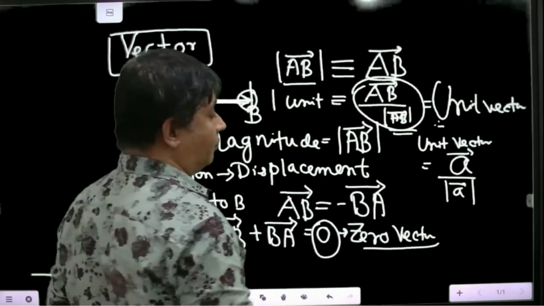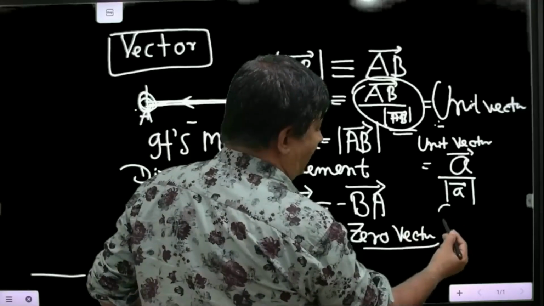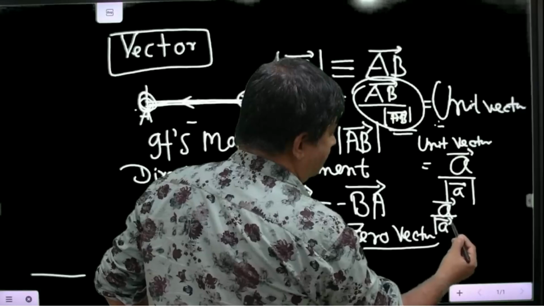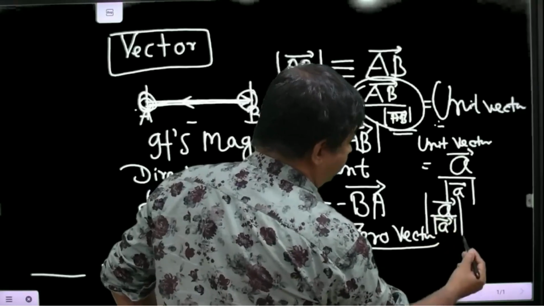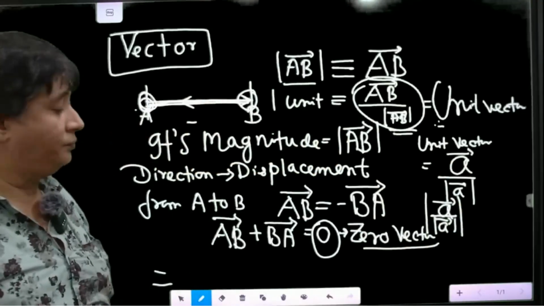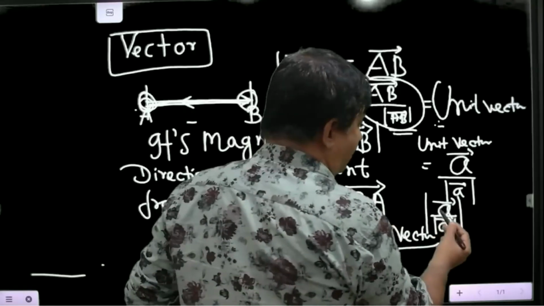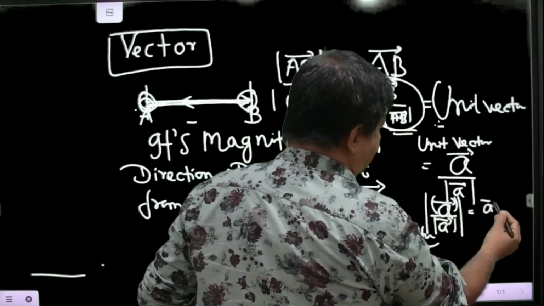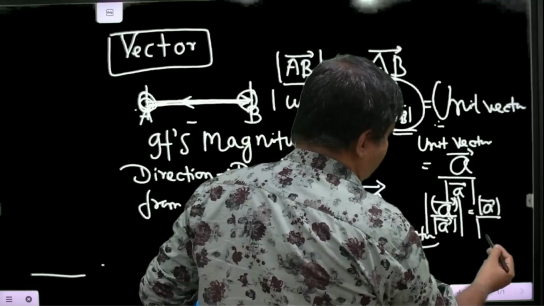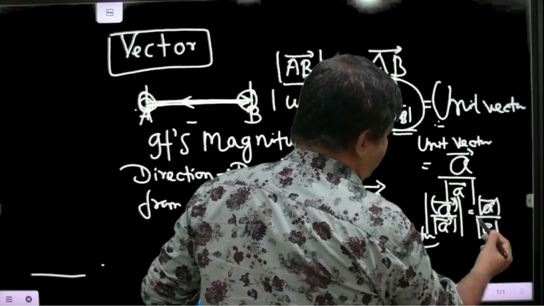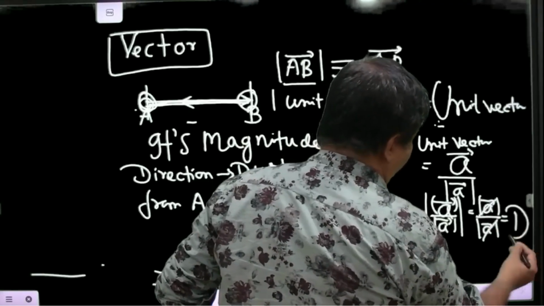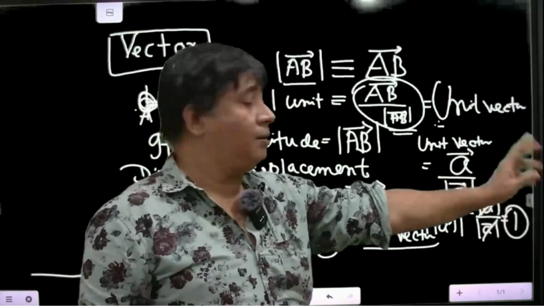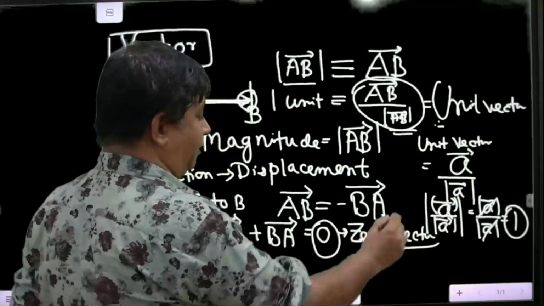See, let us take its magnitude. The numerator, the vector's magnitude is magnitude A itself, by magnitude A. That is 1. So unit vector's magnitude is also always 1.